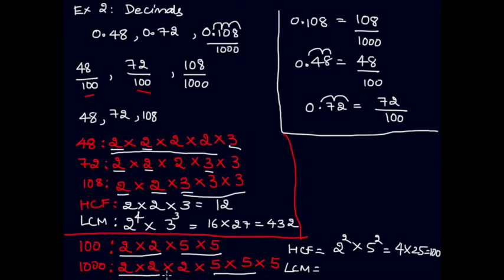LCM, the highest repetitions of 2 we can find in 1000, which is 3 times, and 5 is repeated 3 times again. 2 raised to 3 is 8 times 5 raised to 3. 5 times 5 is 25, 25 times 5 is 125, which gives 1000. Okay.